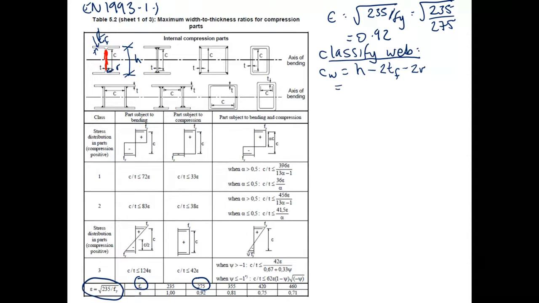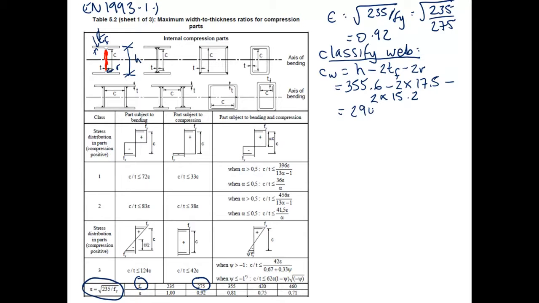Okay. And so we got all these out of the blue book, so we got 355.6 minus twice the thickness of the flange, so the thickness of the flange was 17.5, minus 2 times the root radius, 15.2. When we put all that in, we get 290.2 millimeters.